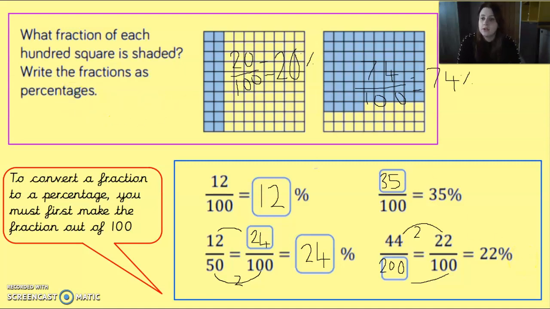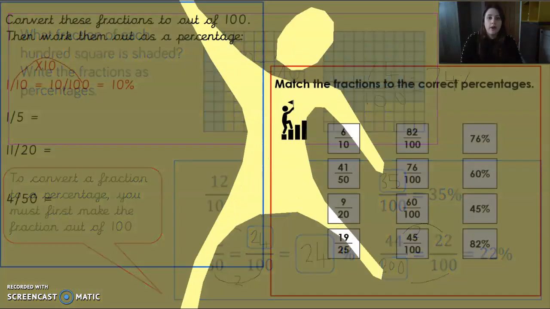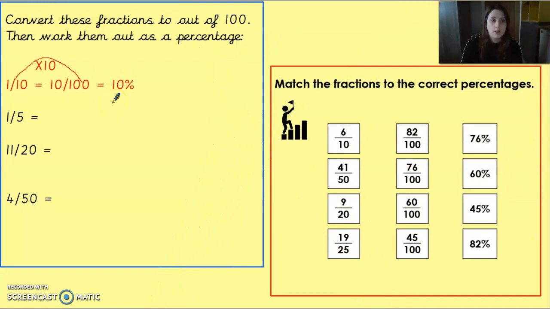Hopefully that makes sense and you're still following, because I want you to have a go at some questions by yourself. So there's 2 questions. This one's a challenge question that I want you to have a go at if you're ready for a challenge, you're up for it, and you completely understand where we're going. This one I want you to have a go at if you're a bit unsure and want to practice. So I've given you an example. I started with 1/10.